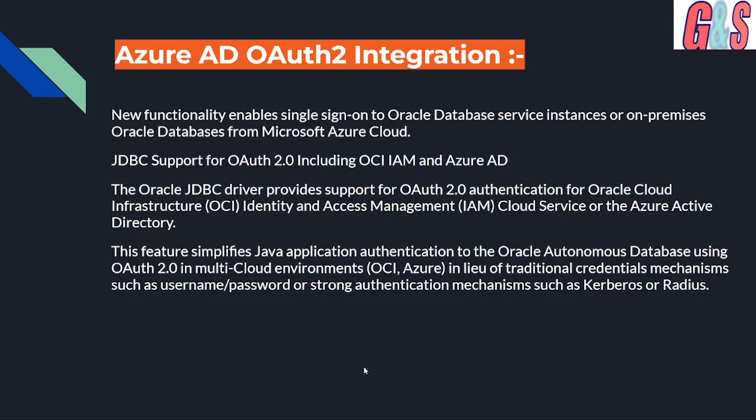This feature simplifies Java application authentication to the Oracle Autonomous Database using OAuth 2.0 in a multi-cloud environment, OCI and Azure, in lieu of traditional credential mechanisms such as username/password or strong authentication mechanisms such as Kerberos or RADIUS.